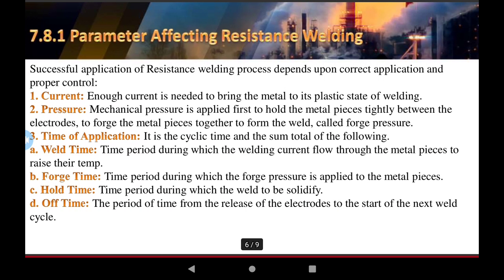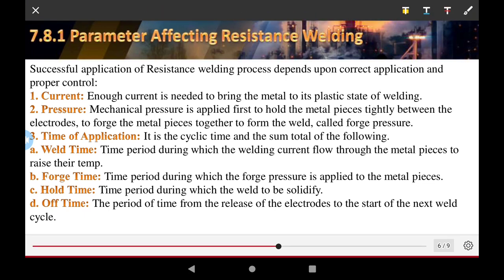Parameters affecting resistance welding. Successful application of the resistance welding process depends upon the correct application and proper control of the equipment used in resistance welding, and current.